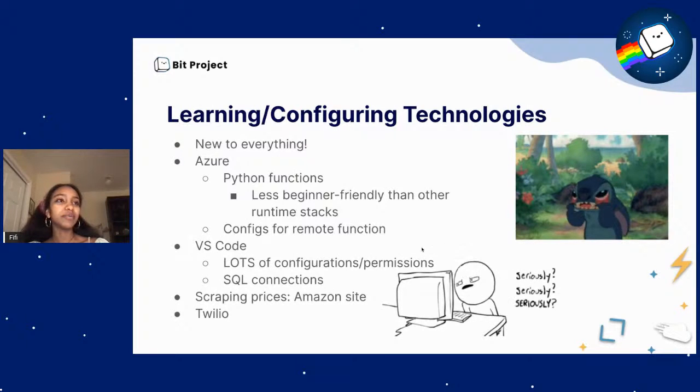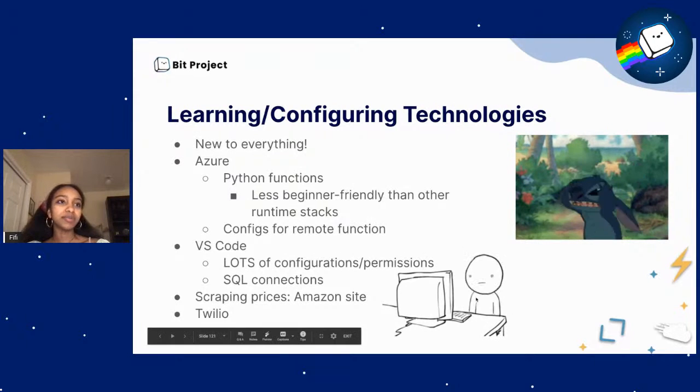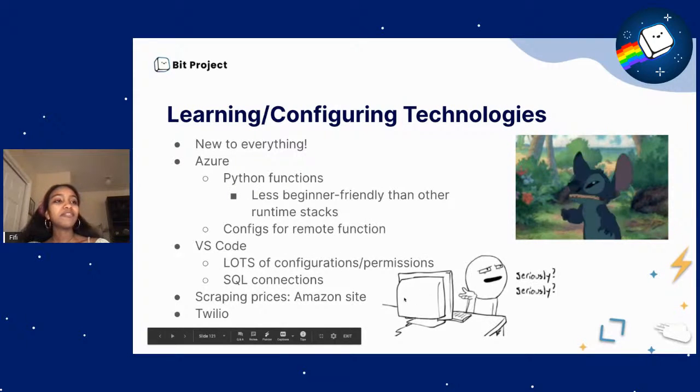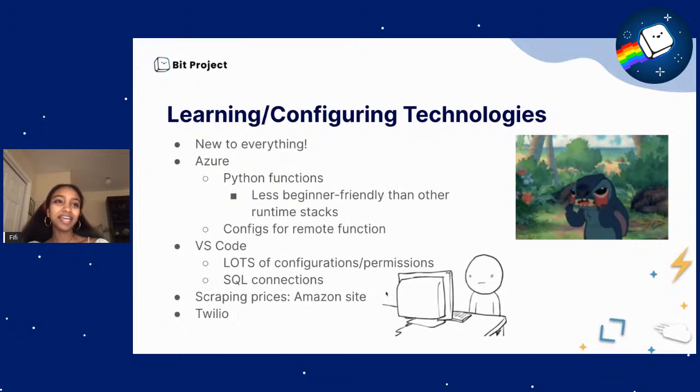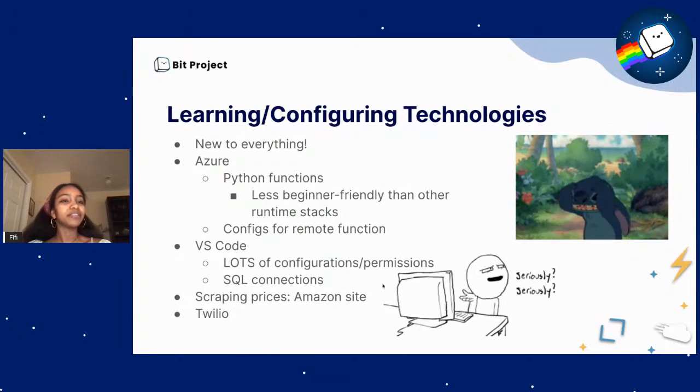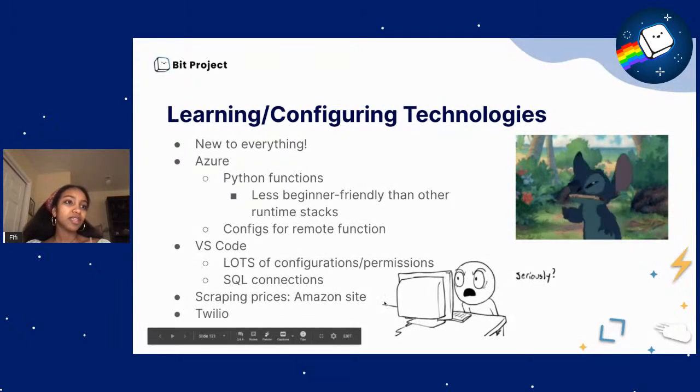So on top of dealing with configuring my VS Code environment and getting it to work locally, I had a completely different experience with also configuring the remote function. On top of that, scraping prices from Amazon can definitely be a challenge because the website is so big and the company's so big that they do write some sites differently depending on if it's an item on sale or some other factor.